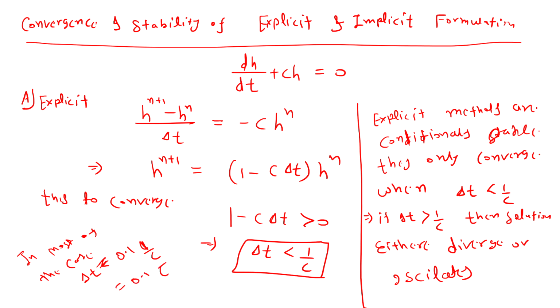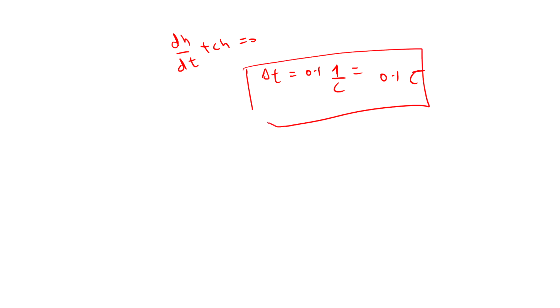Here, for dH by dt plus CH equal to 0, delta t is less than 0.1 times 1 by c or 0.1 times tau for explicit methods. If we take delta t as this, then our explicit method will definitely converge.